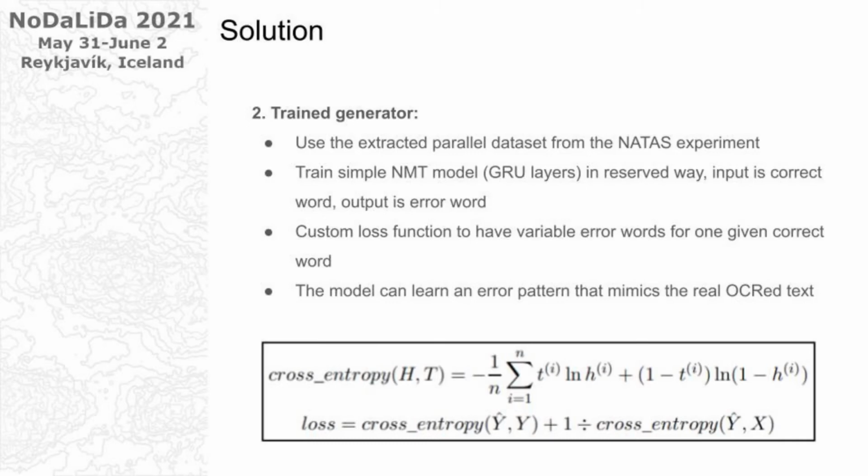A custom loss function is needed in this case because for one given correct word, we want to output multiple variants of error words. The purpose of the inverted cross-entropy, as you can see in the formula here, is to punish the model if it outputs error words identical to the correct words from the input.